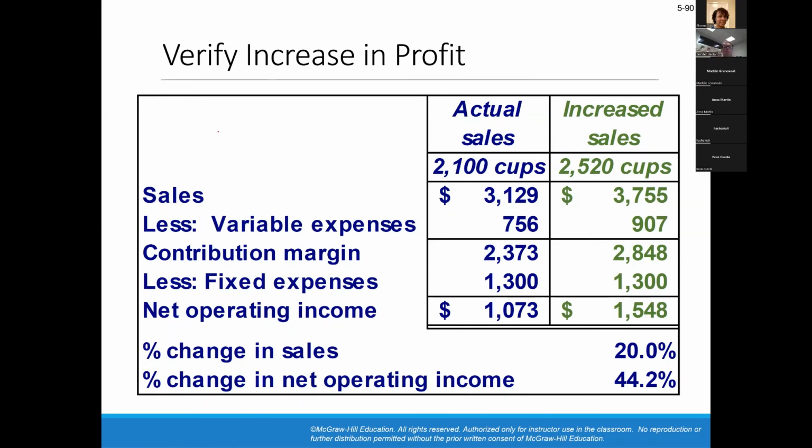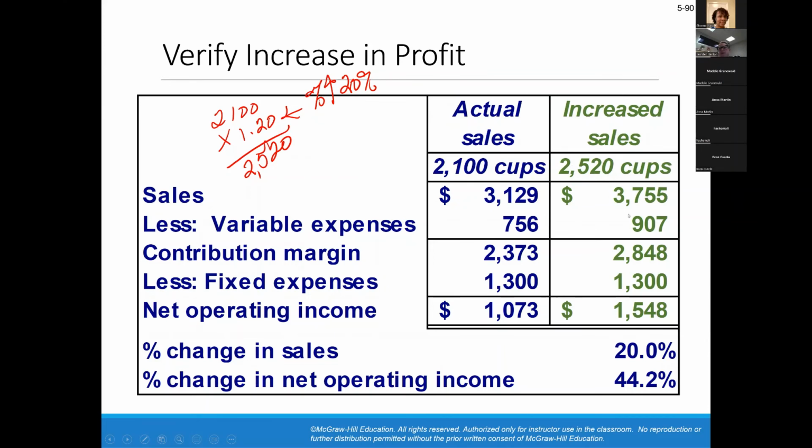So if we take 2,100 cups times 1.20, that's going to give me 2,520. So this is my percent increase of 20%. So that's how I do the calculation to come up with the increase. Okay. So then I just take your 2,520, multiplying it by your 1.49 to come up with your 3,755.